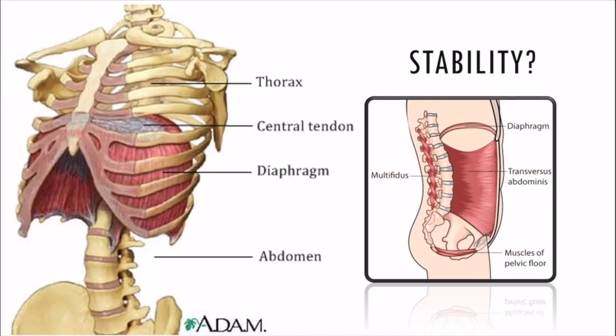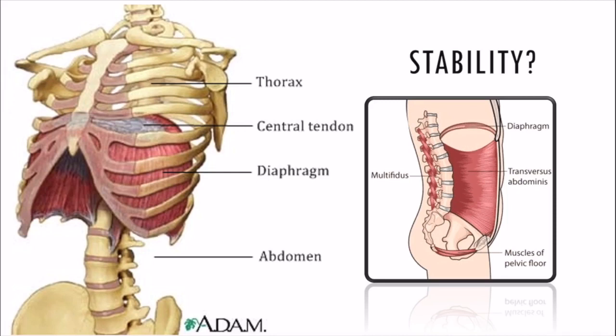So hopefully you're relatively comfortable with the association between the diaphragm moving the rib cage. But let's add in this element of what role the diaphragm may play in spinal stability.